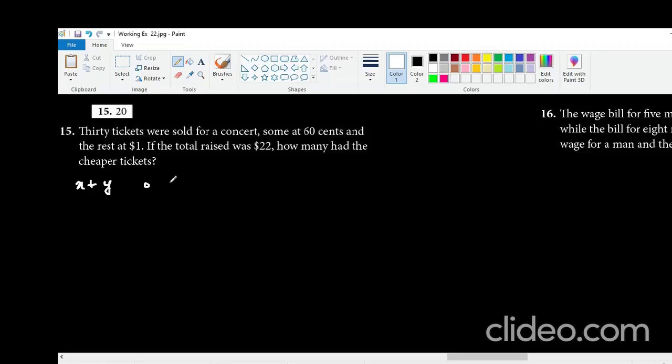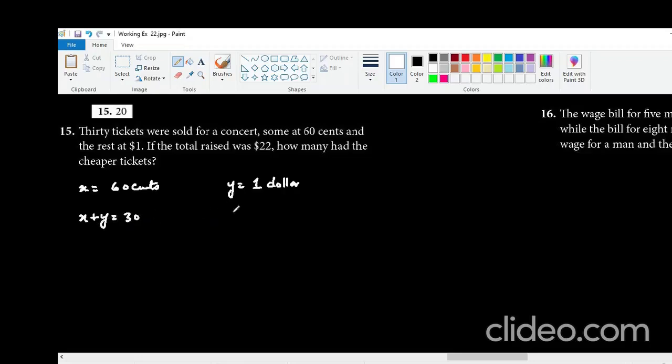I assume x is the 60 cents tickets and y is the $1 tickets. These are the total tickets and total value.